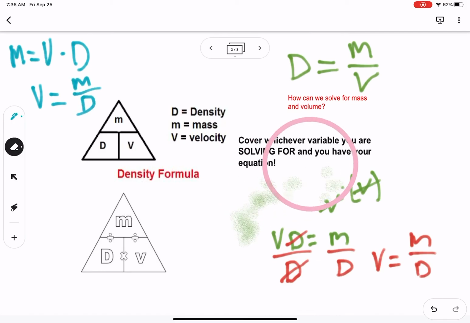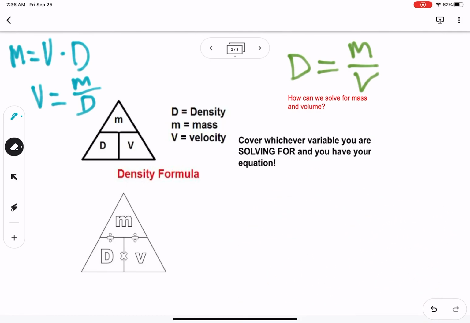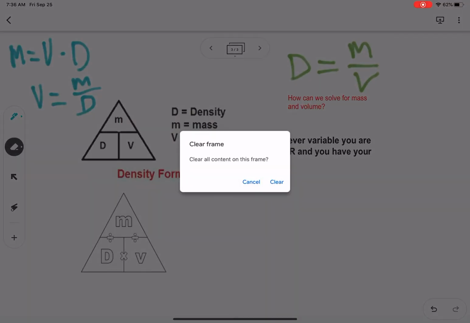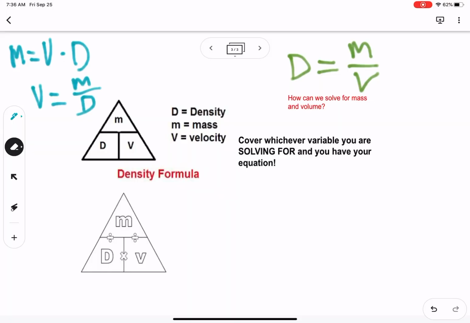So I just showed you the algebra way to solve this problem. Now I'm going to show you what this triangle is doing, because we're going to use this a lot, not only for our density equation, but for other equations as well. In order to get any other variable, all we have to do is cover the variable we're solving for, and boom, we have our equation.